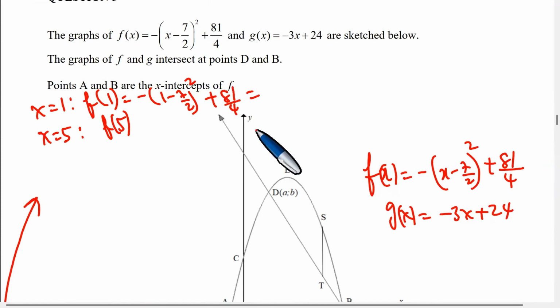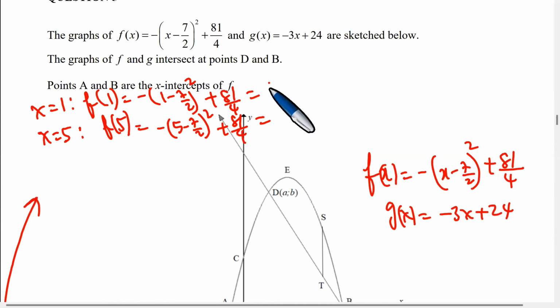Then you put the 5: minus 5 minus 7 over 2 squared plus 81 over 4. You get the answer. So this one is 14, and this one is 18.